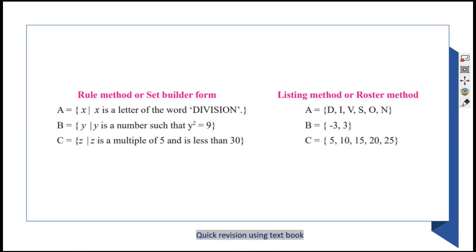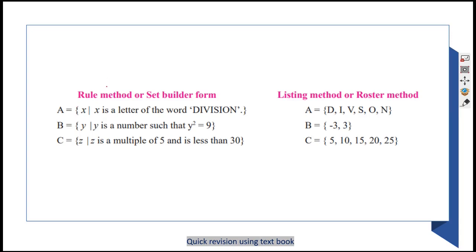In the set chapter you studied mainly the concept of a set, a group, and how we can represent the concept of a set using the rule method or set builder form, and the listing method or roster form. This particular screen is to remind you about that.